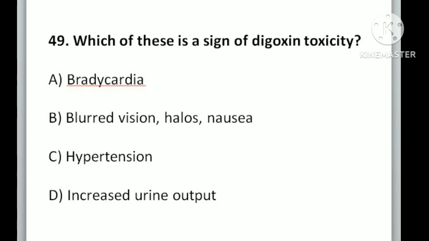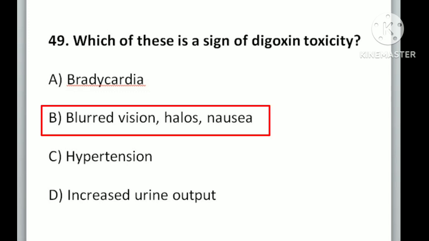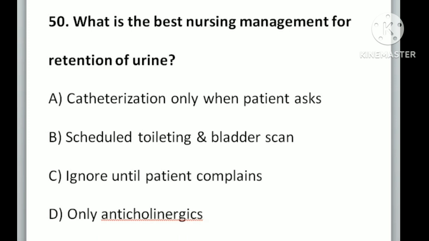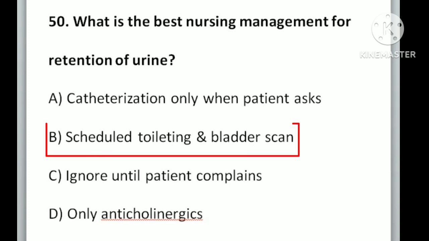Which of these is a sign of digoxin toxicity? Correct option is B. Blurred vision, halos, nausea. 50. What is the best nursing management for retention of urine? Correct option is B. Scheduled toileting and bladder scan.